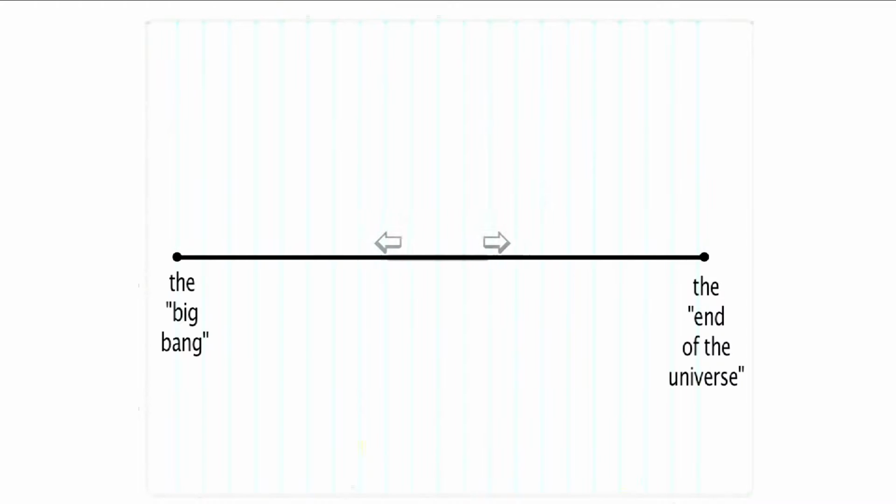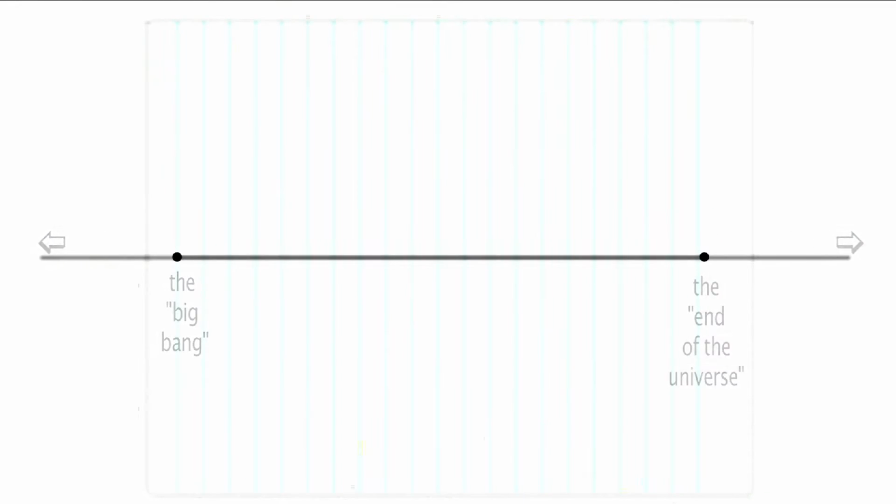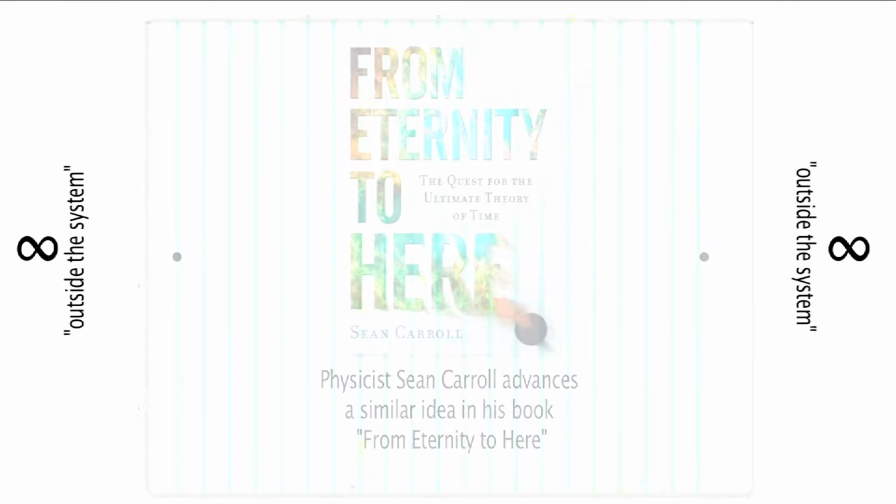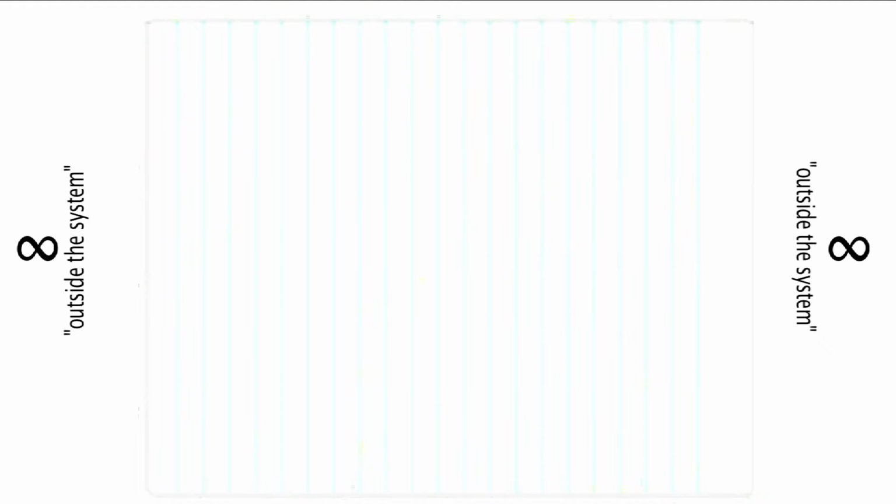A true line would pass through those 2 points and extend past the edge of our paper and out towards infinity in either direction. This gives us a way to think about how both before and after our universe is the same thing, a return to an underlying state which is outside the system representing all possible versions of our unique universe. But wait, there's that word again, system.